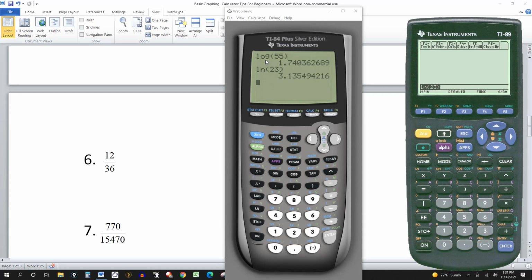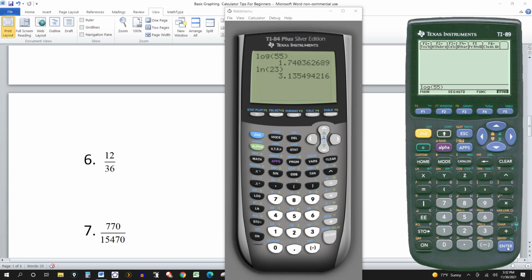Now let's suppose you want the log of 55. We don't see it here, but if I go to catalog, there it is, the first one. Hit enter and it puts it right there. So enter the 55.